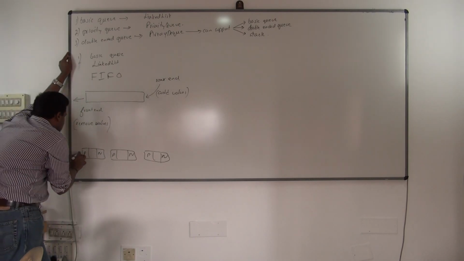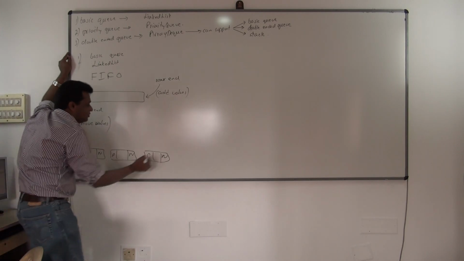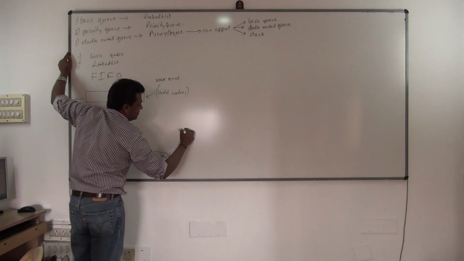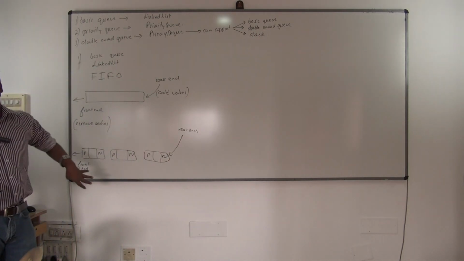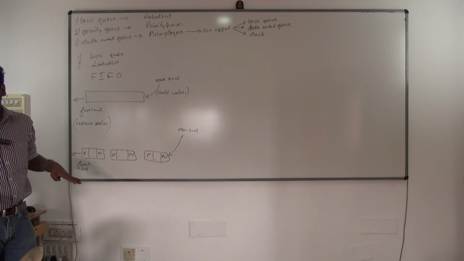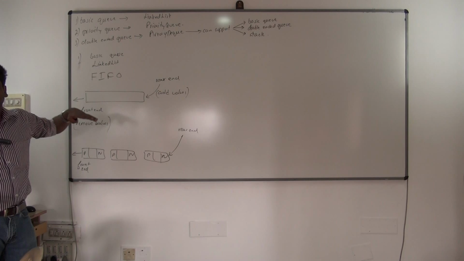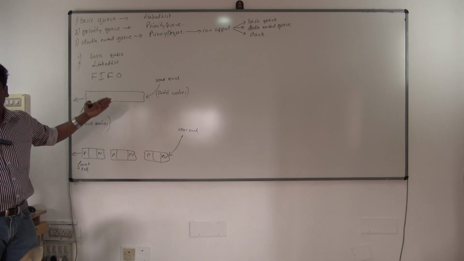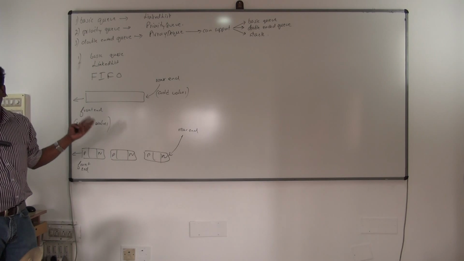This will be the front end and this will be the rear end. Which data structure you use to implement the concept of queue is secondary, but in Java they say use LinkedList for this particular purpose.